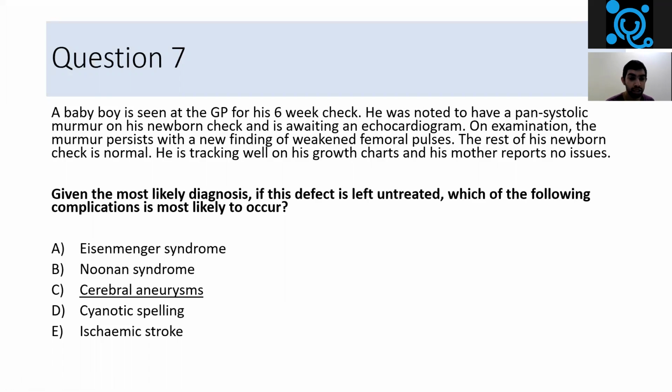So going through these one by one, just so you know what they are. So Eisenmenger syndrome is an acquired right to left shunt. Okay, so this typically occurs with patients with things like ventricular septal defects, yeah, where if left untreated, the higher pressures from the left ventricle pump more blood to the pulmonary circulation.